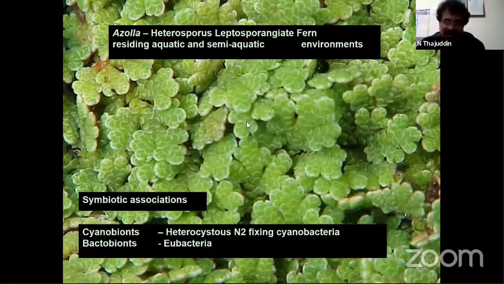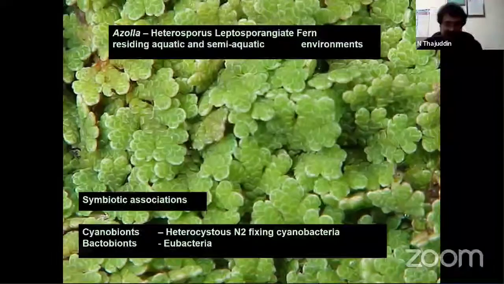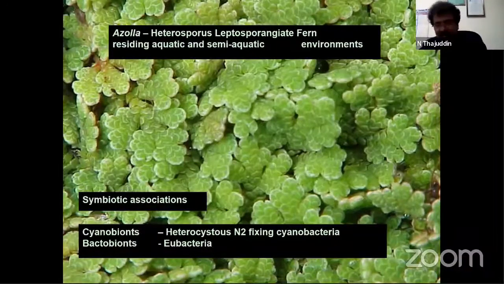In addition to this, nearly 500 bacterial symbionts are present according to our metagenomic study. If you use the conventional isolation or purification method, we can isolate only fewer than 10 different strains of cyanobacteria and fewer than 50 different bacterial colonies. Whereas with the metagenomic approach using 16S rRNA, we can report more than 500 or 600 endosymbionts in this Azolla species.